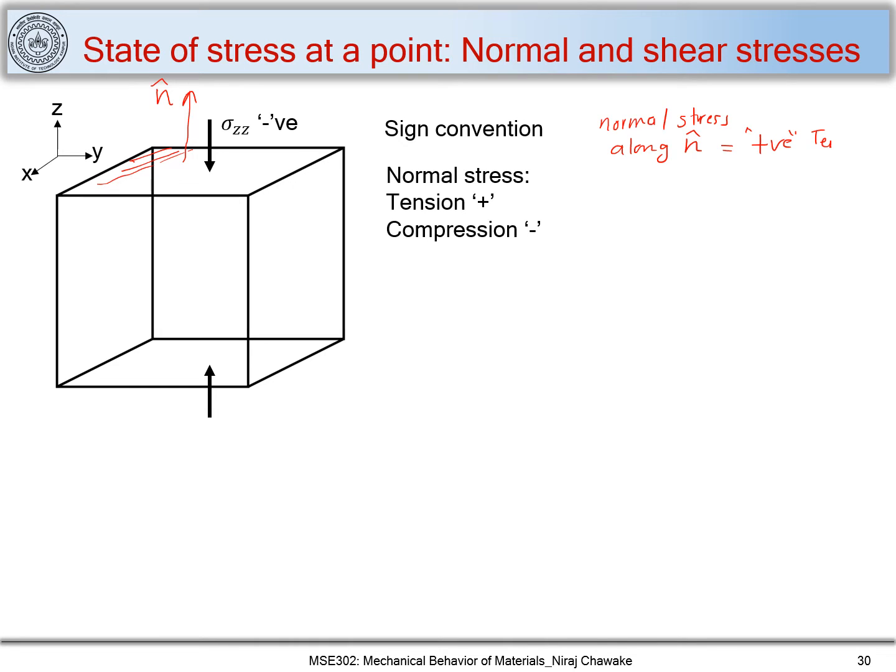If it is acting against the normal, I call it negative or compressive. Here in this case, you can see clearly that sigma zz is acting against, or opposite to, this normal. That's why it is compressive.